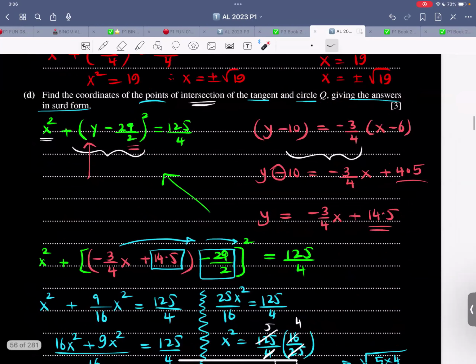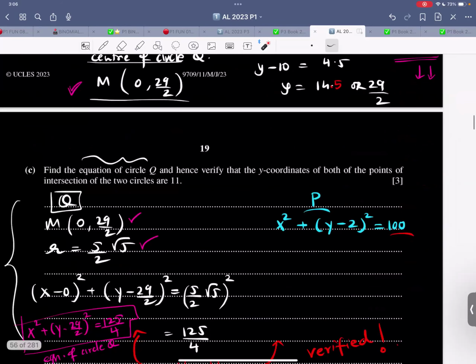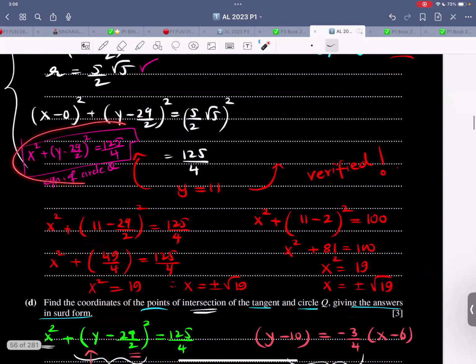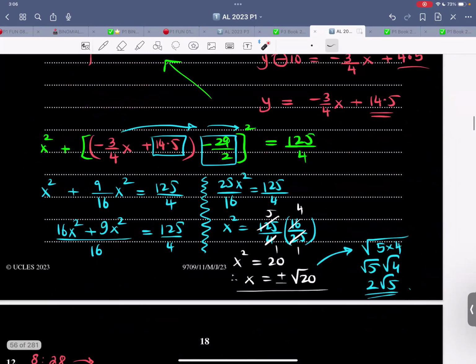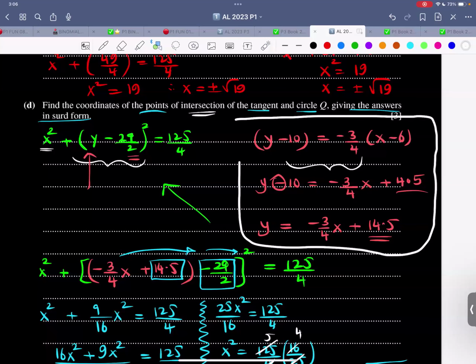And then it says, find the coordinates of the point of intersection of the tangent and circle Q. That's the equation of the tangent. That's the equation of circle Q. So first of all, let me focus on this one.